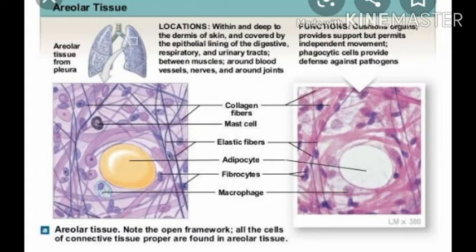But because the cells are spread, they will also help in movement of the cells. They may also contain phagocytic cells called macrophages, which will help in protection against pathogens. So areolar tissue is a type of filling tissue.